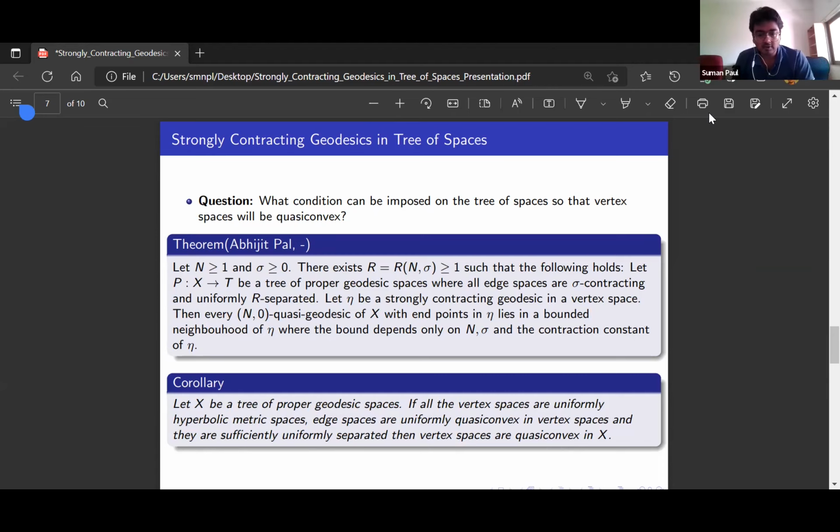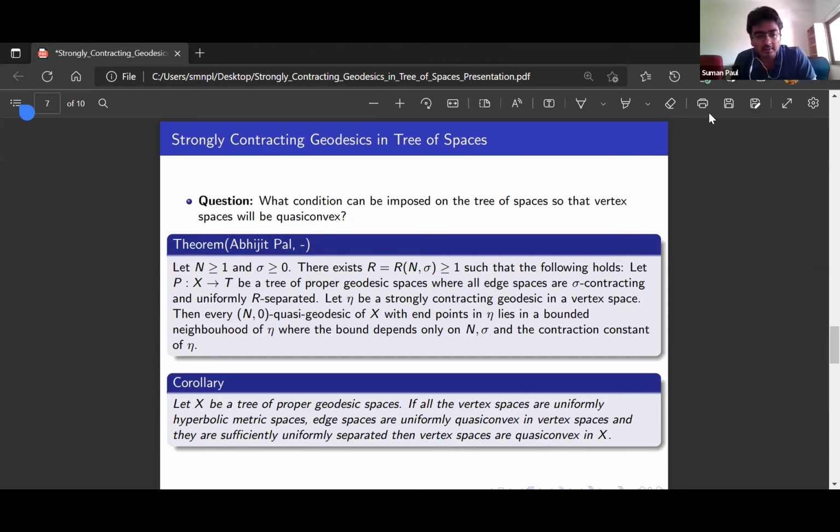We give some conditions so that this strongly contracting geodesic will be quasi-convex in the whole tree of spaces. So this is the theorem. It is joint work with my supervisor, Dr. Abhijit Pal.